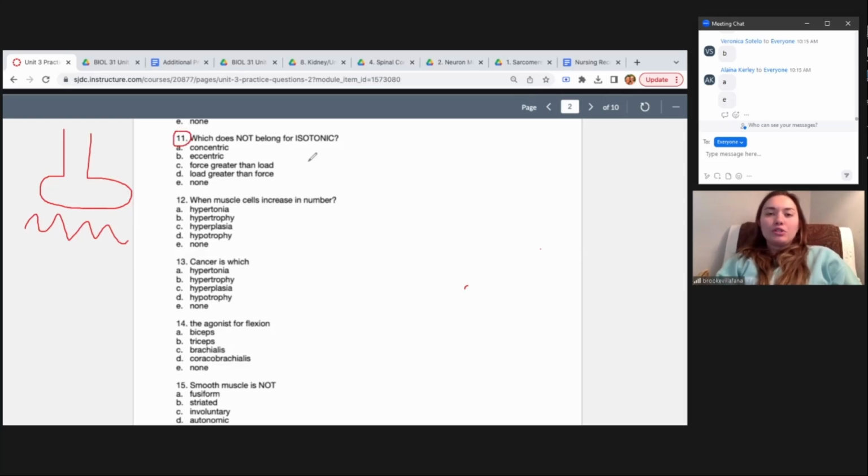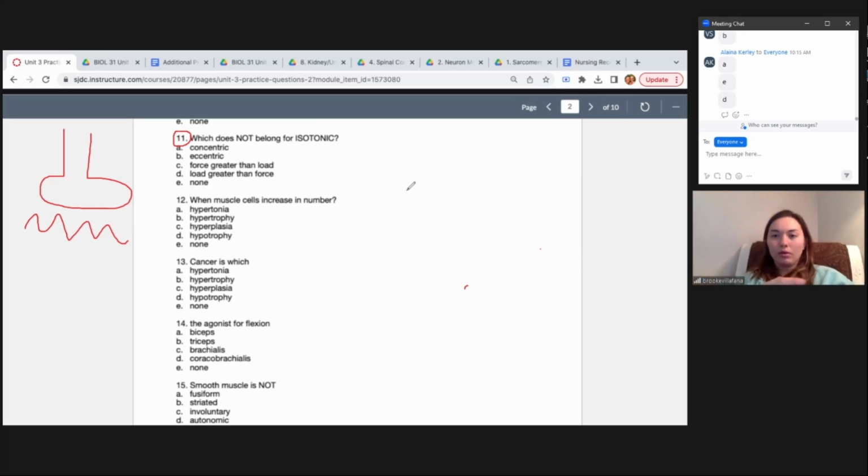Question 11, which does not belong for isotonic contraction? Good. So the way I remember it is you can pick up a gin and tonic, right?